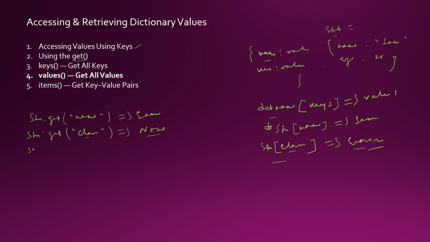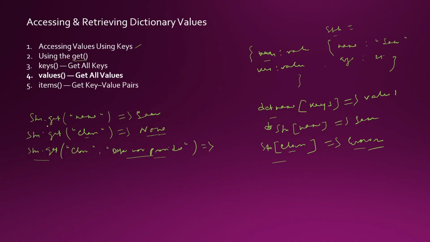So for that, if I mention get and class, and I don't have the class key, now instead of showing None, if I mention something like 'data not provided', then when I run this line, it will give me the answer as 'data not provided' instead of None.